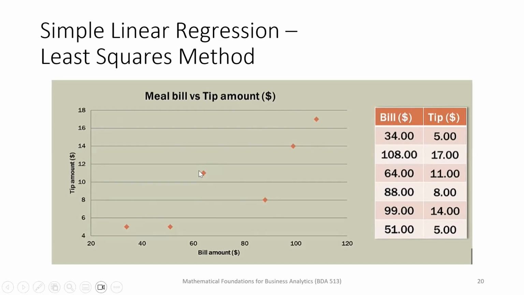Yes, 11. And then the amount spent was 64. Okay. So the other one, the tip amount was 8, and the amount spent was 88. The other one, tip amount 14, the amount spent was 99. Okay, and so forth.